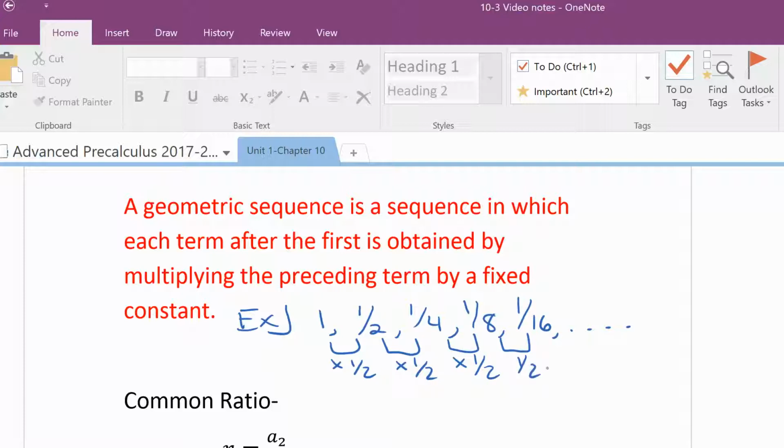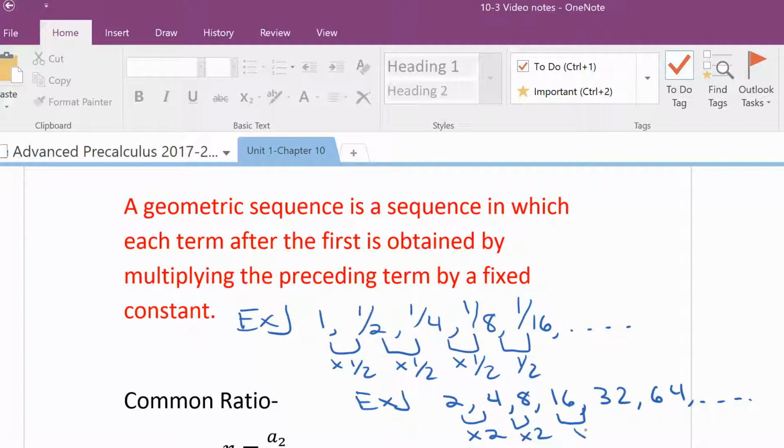Or another example would be 2, 4, 8, 16, 32, 64, and so on, where here you're multiplying by 2 to go from one term to the next.